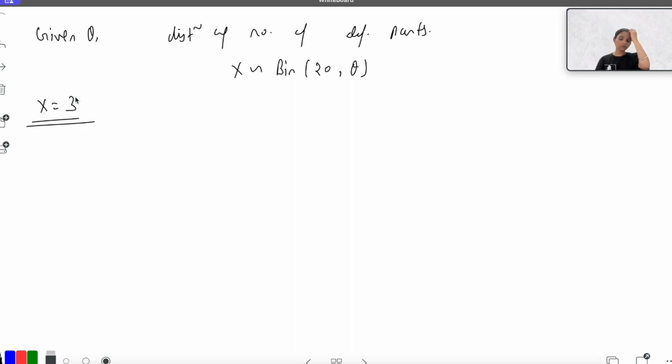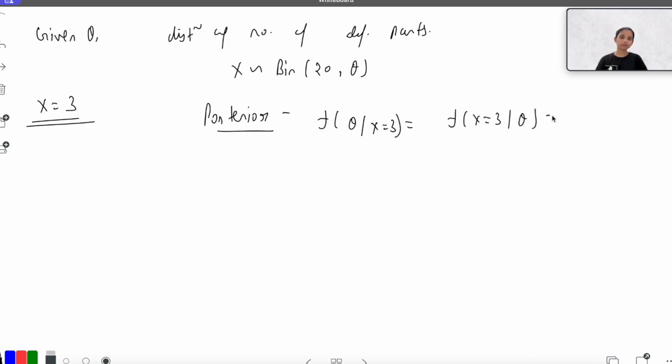Okay, so before calculating the posterior, let's just find out the likelihood first. Okay, because when you are calculating the posterior, what will you be finding? We will be finding f of theta given x, for x equal to 3 basically, that will be f of x equal to 3 given theta and pi of theta upon f of x equal to 3.